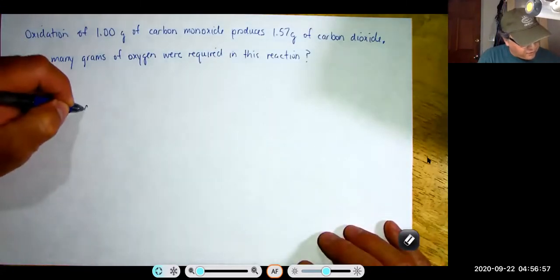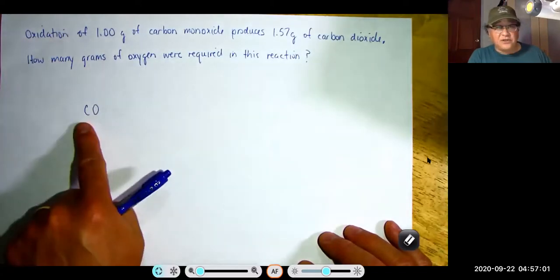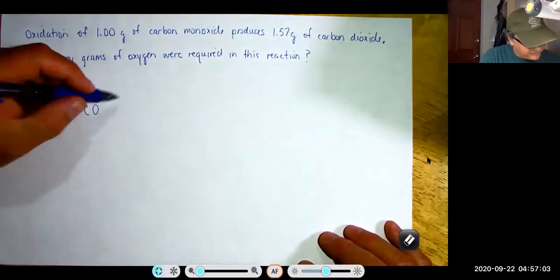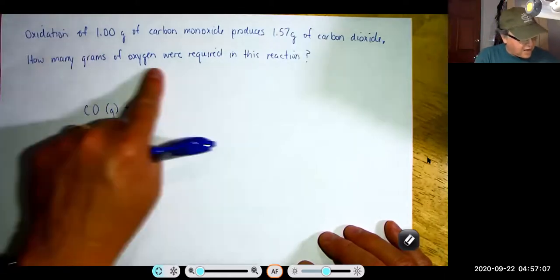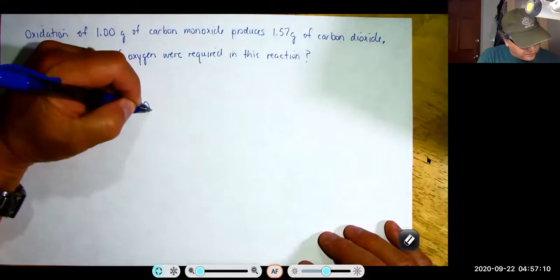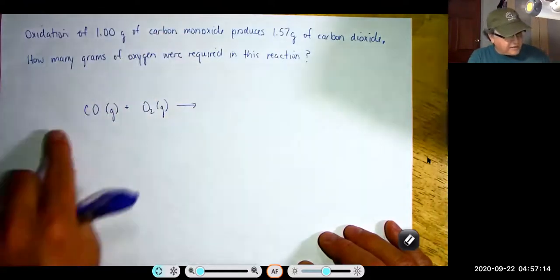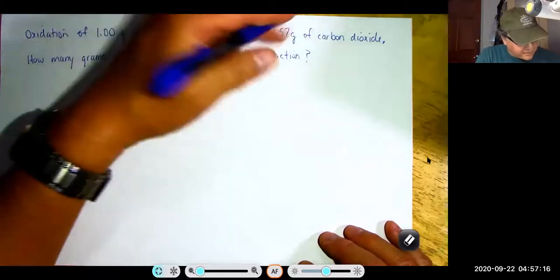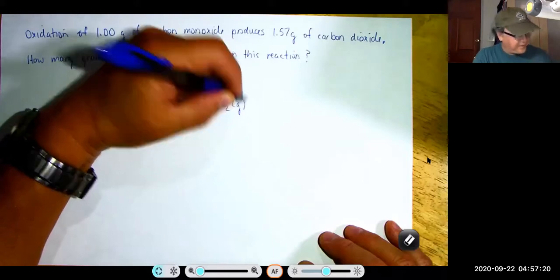So here's the formula for carbon monoxide. 1 carbon, 1 oxygen. It's a gas. And it's going to react with oxygen, O2. It's a gas. And it's going to make 1.57 grams of carbon dioxide.